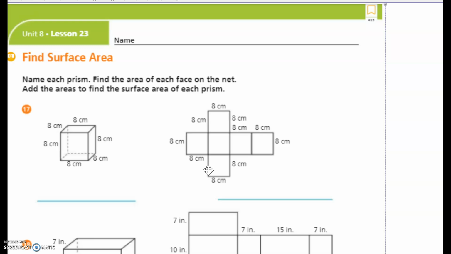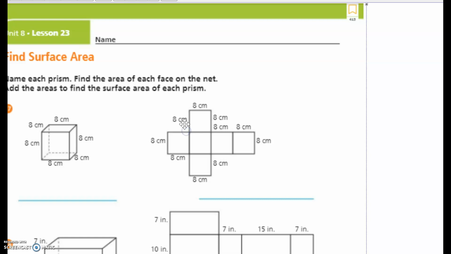So for today, this is the cube, and you know with the cube there's 6 sides, and all the sides are going to be the same. So once you figure out one of the sides, all you have to do is multiply it by 6. Well, I'm just going to take a look at one of those faces, or one of those sides right here.